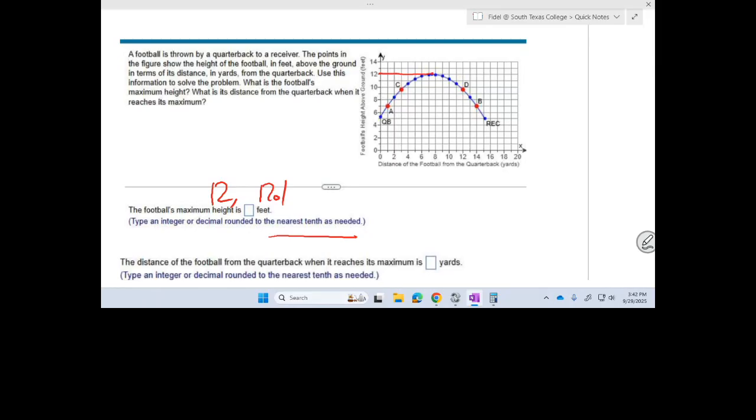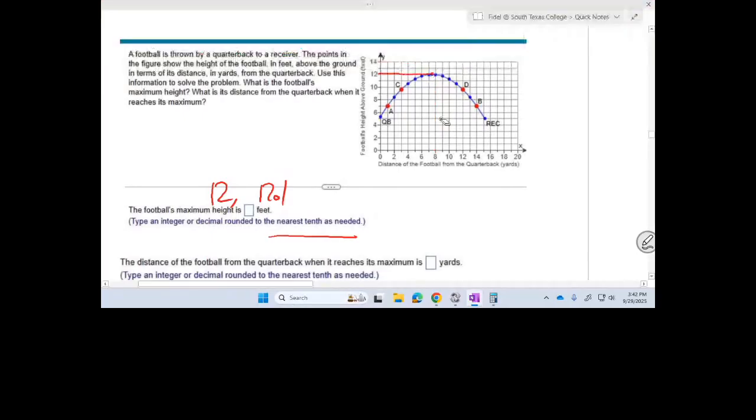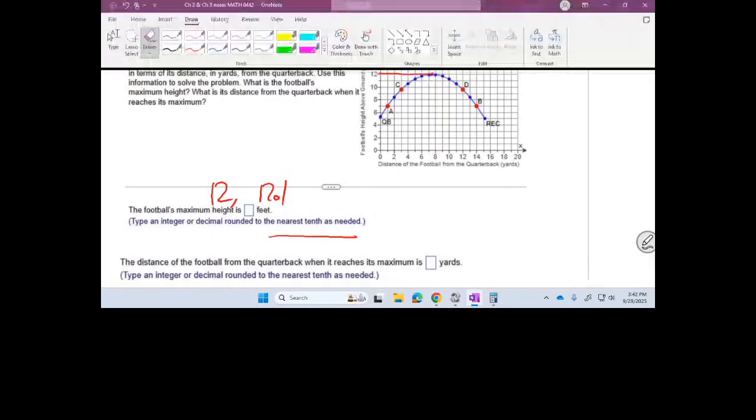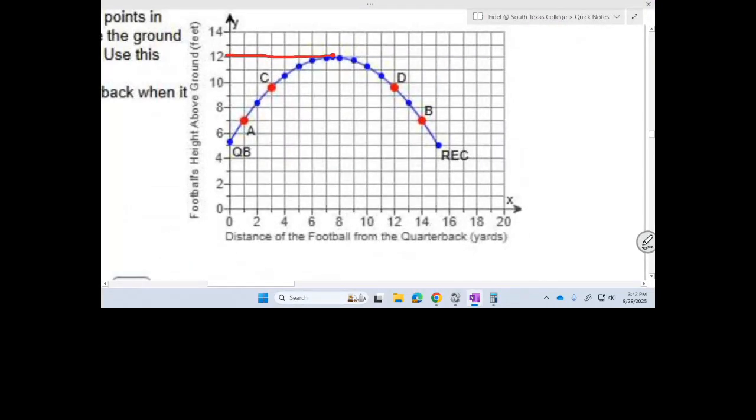So y'all, what I'm going to do now is I'm going to take this point right here. I'm going to go straight down. So let me see if I can zoom in a little bit better. And oops, do this. Okay. Because I want to make sure that I can get that height where I need for it to be.